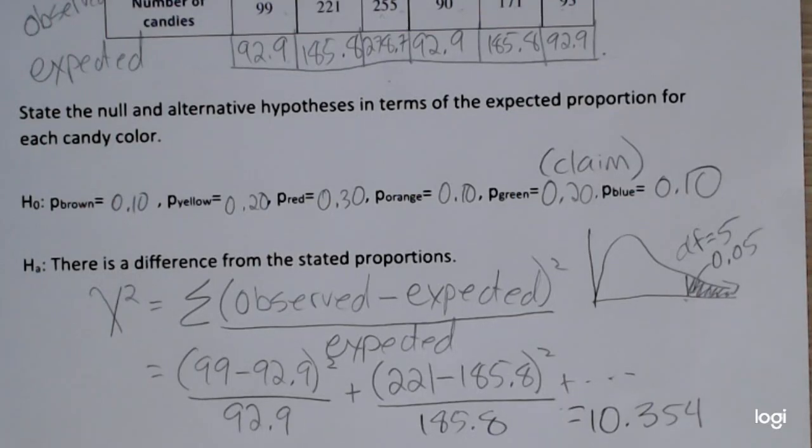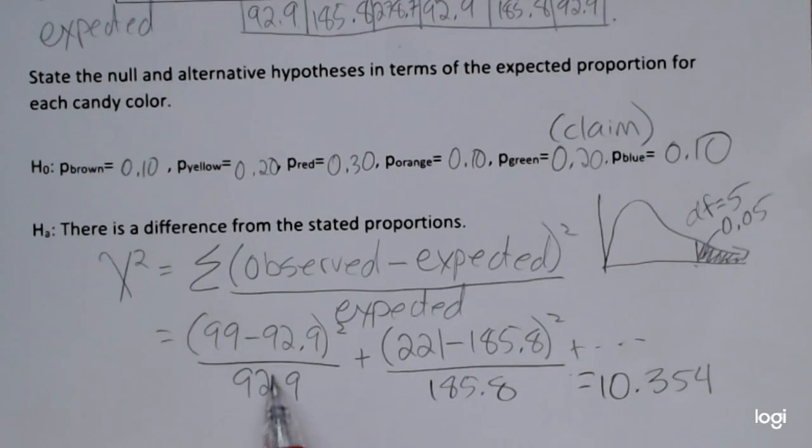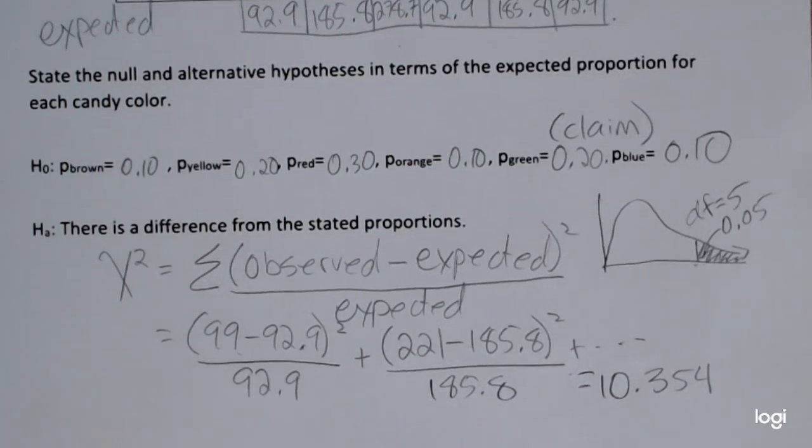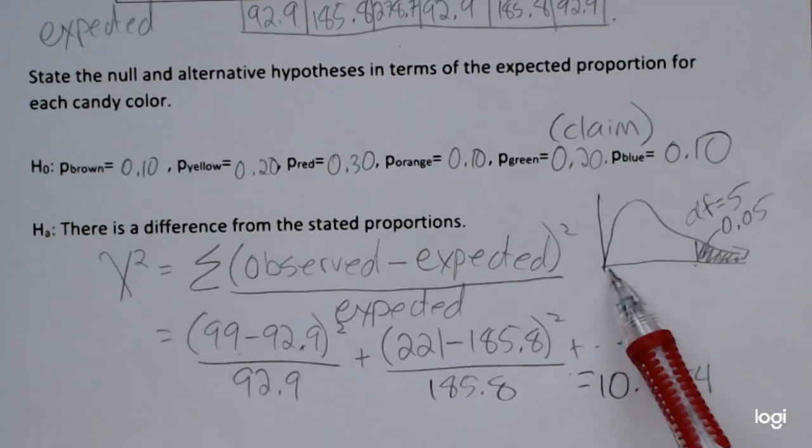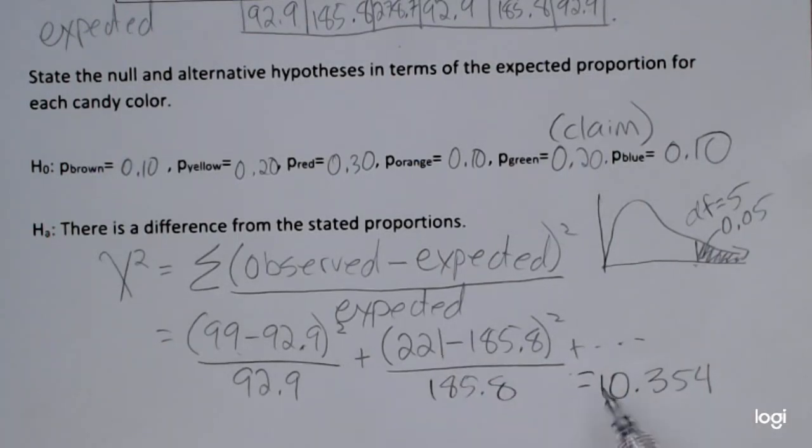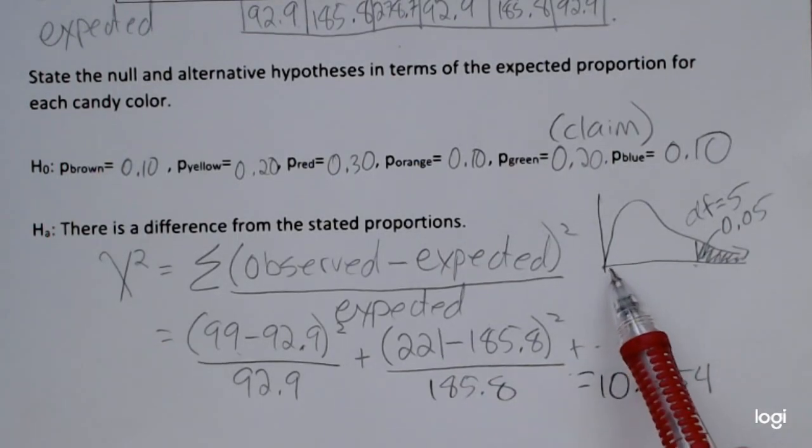If overall our observed values are close to what we expect, this difference in the numerator and all of these differences, if they're pretty close together, would be pretty close to 0. So our test statistic would be small if what we observe is close to what we expect.